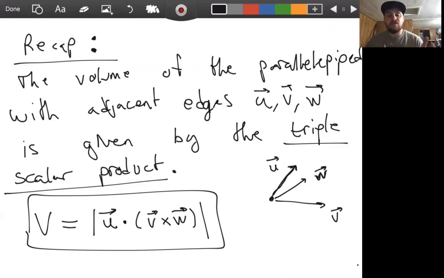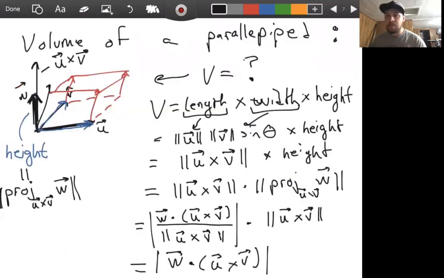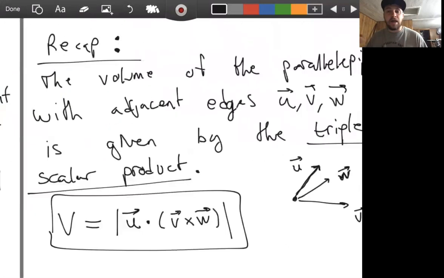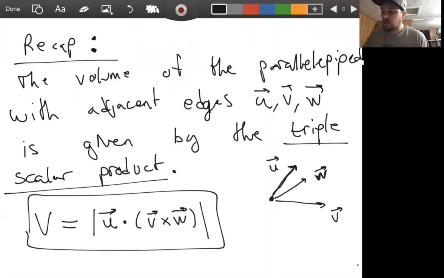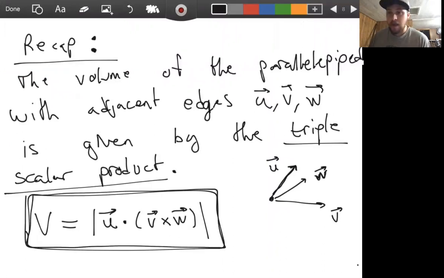Nothing's changed. I've just kind of flipped. I don't want to confuse you with my changing of variables here. But again, nothing's changed. And so now we can compute volumes of a handful of three-dimensional objects just by a few lines of vector algebra here.